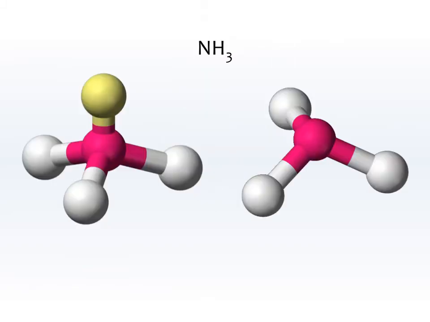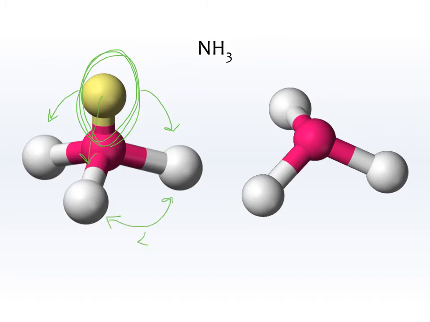So we have the same basic tetrahedral shape, except that one of the things is a lone pair, which pushes these bonding pairs closer to each other, which causes the angle to be just slightly less than 109.5. It's actually not important to know whether it's 107 or 108.2, just that it's less than a normal tetrahedral should be because the lone pair repels the bonding pair more than the bonding pair repels each other.